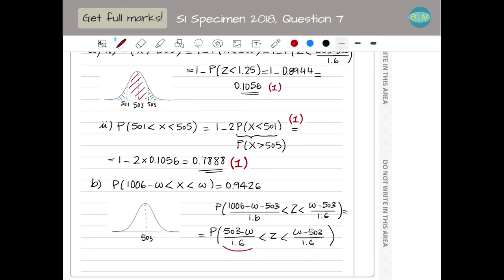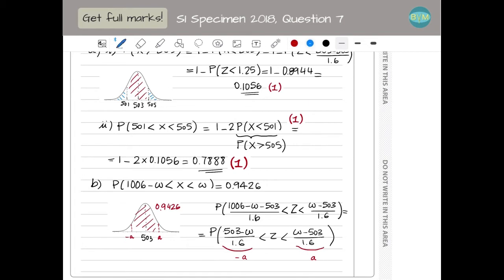If you call this minus A, this will be A. So 503 minus W will have the opposite sign than W minus 503. We are talking about a minus A here and an A here. This area here is 0.9426, and we have to find that minus A or that A.